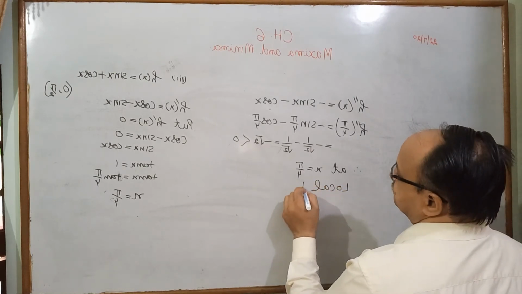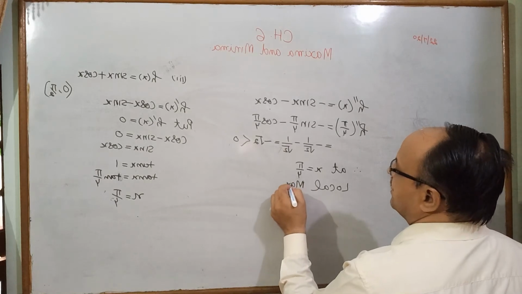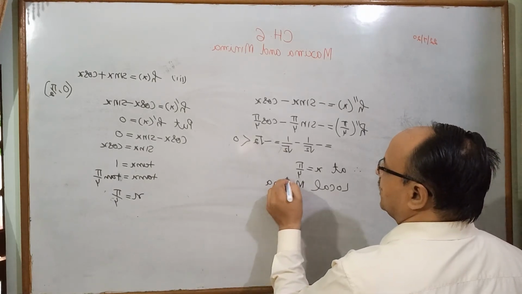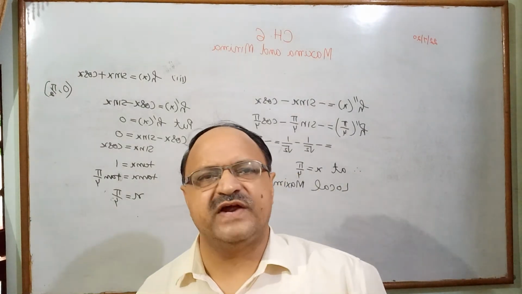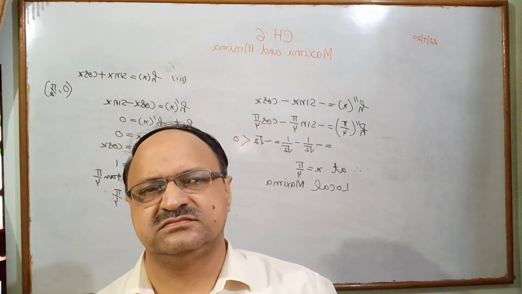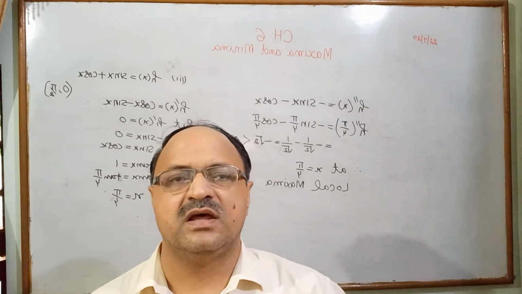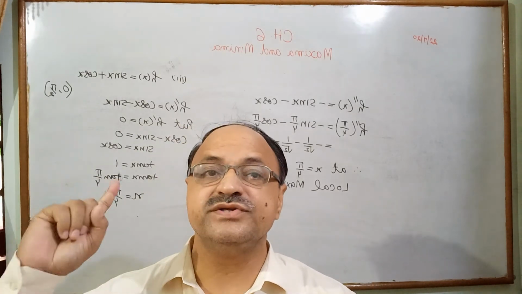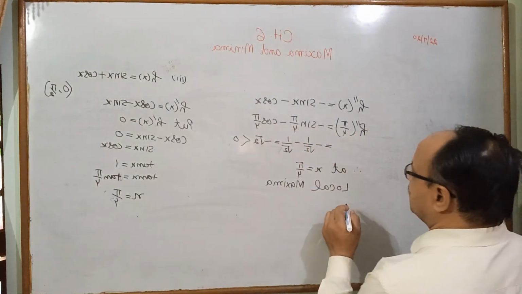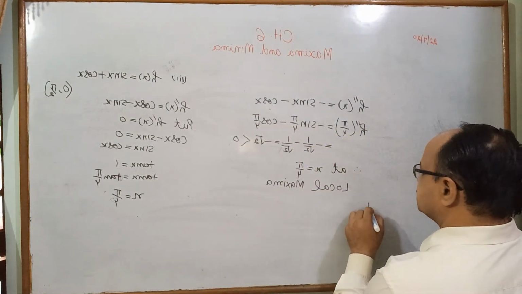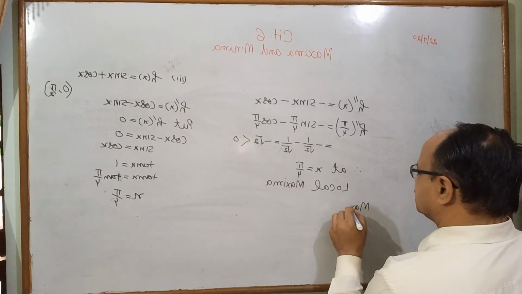there is a local maxima. Now can you find the value of the local maximum value? How can you find it? Just put the value of x in the original function. That is the maximum value of the given function.